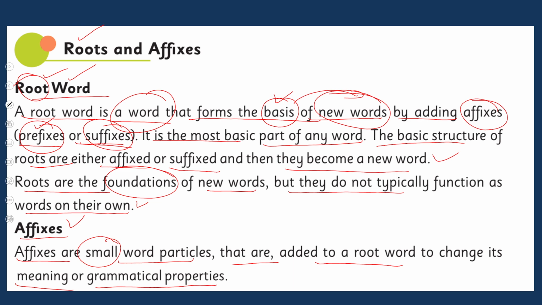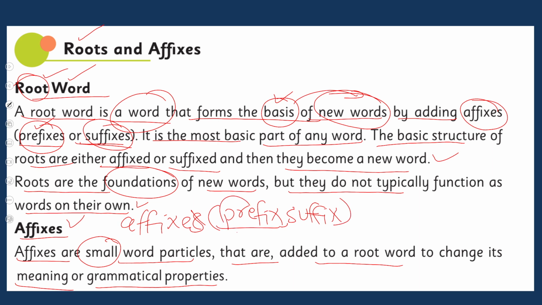So the tool that we have is affixes, and it contains your prefix and suffix, or you can also call it postfix. Prefix means, according to the word pre, before, and postfix or suffix is always added at the end of the root word. So these are the tools, these are the instruments that we use and we act upon the root words.